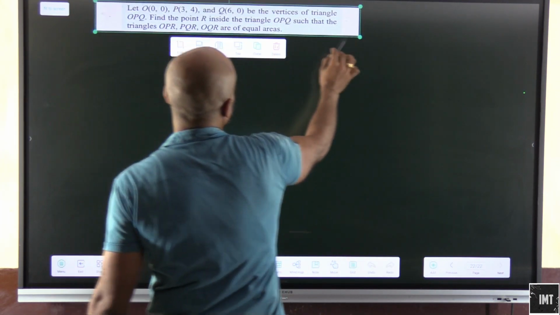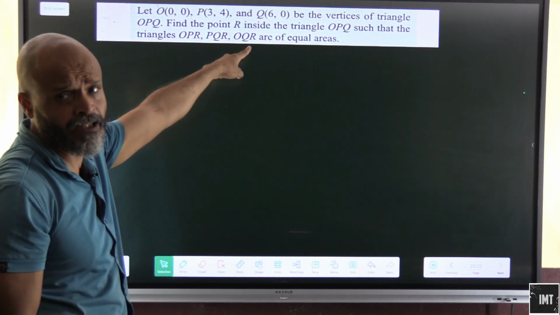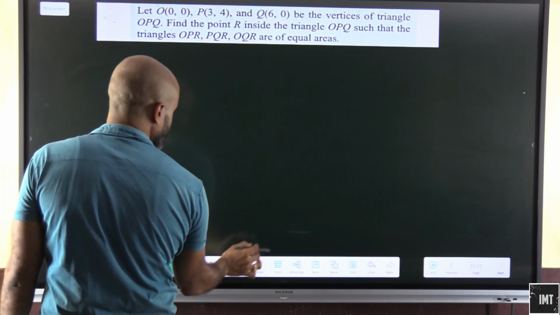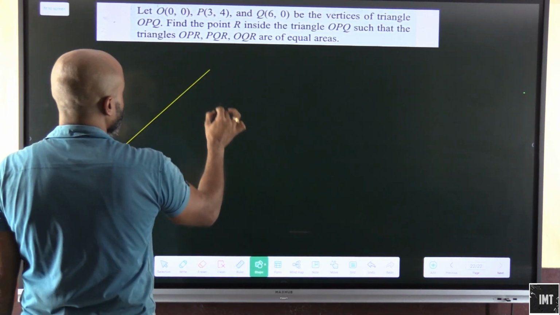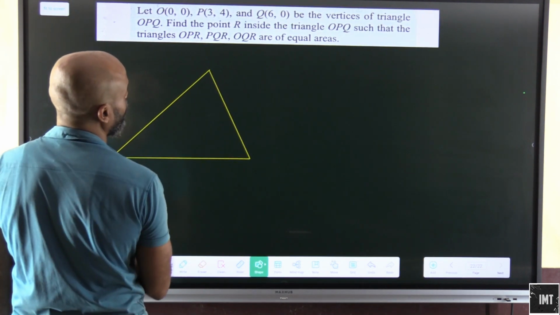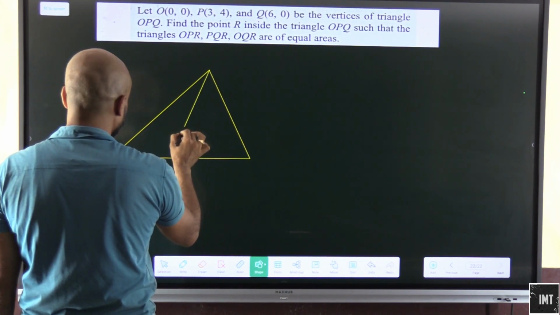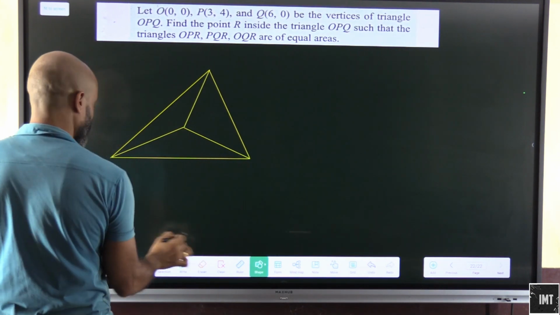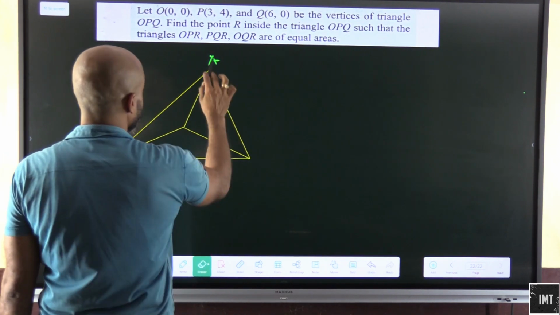Okay, let O 0 0, P 3 4 and Q 6 0 be the vertices of a triangle. Find a point R inside the triangle OPQ so that the triangles are of equal areas. So let's first have a basic idea of what we are talking about. Let's say this is basically a triangle, and there is a point R inside it.